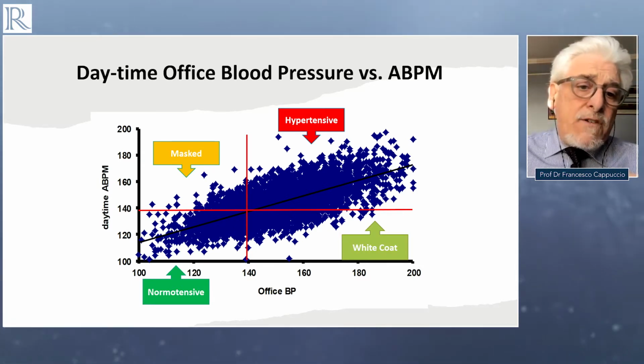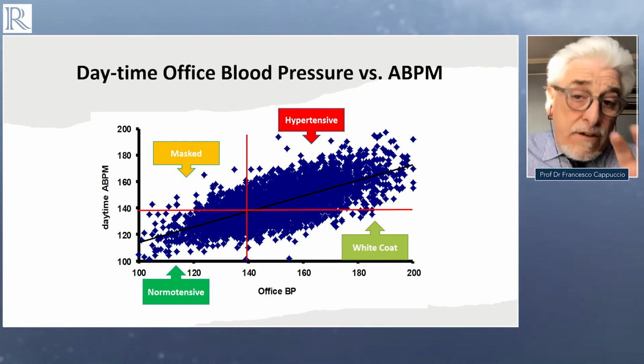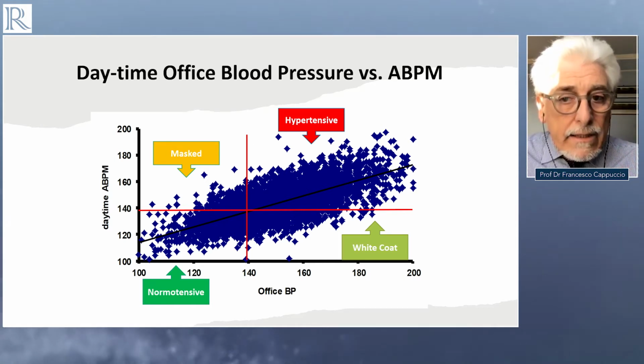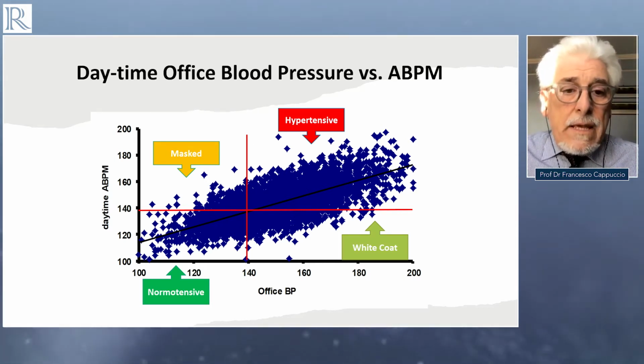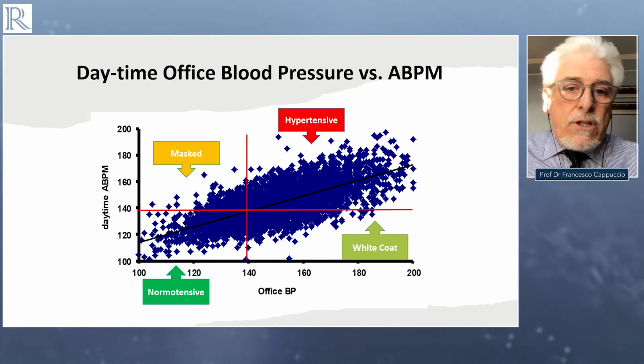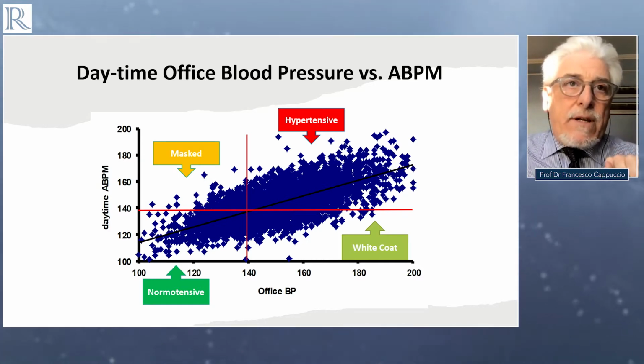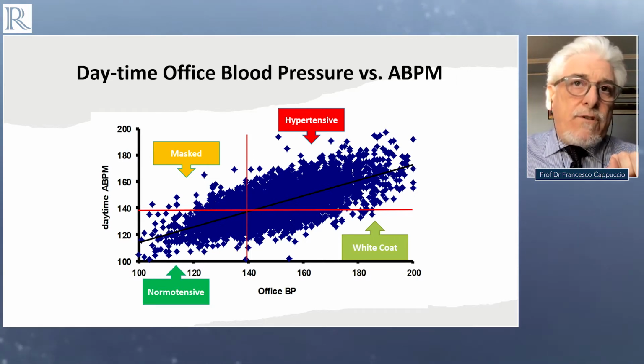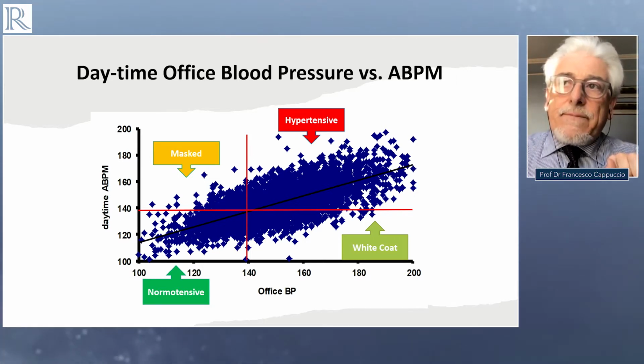And the other group is the so-called masked hypertensives here. Those are the individuals difficult to pick up, who have normal blood pressure in the clinic or in the office, but when they run the 24-hour monitoring, their blood pressure is above target. And the prognostic importance of these four groups is shown in the next slide.